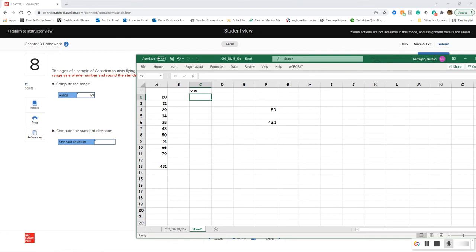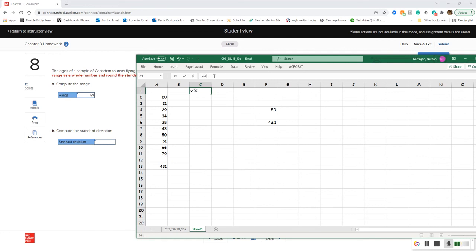Next, we're going to basically take mu, our average. I think it actually changes to x bar here because it's sample. So let's see.